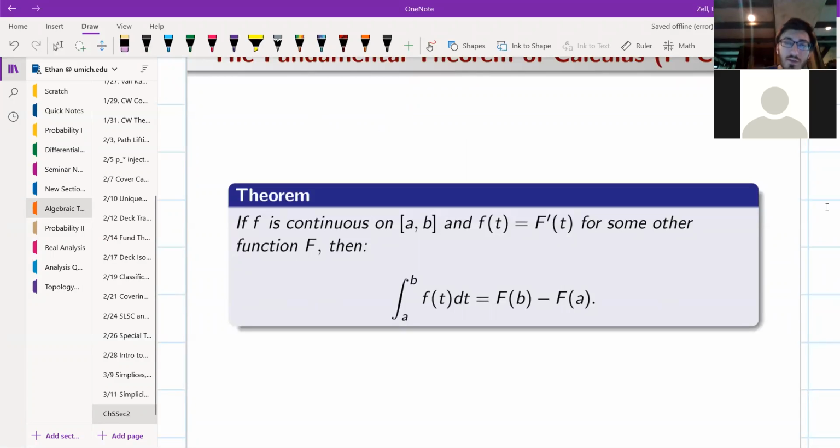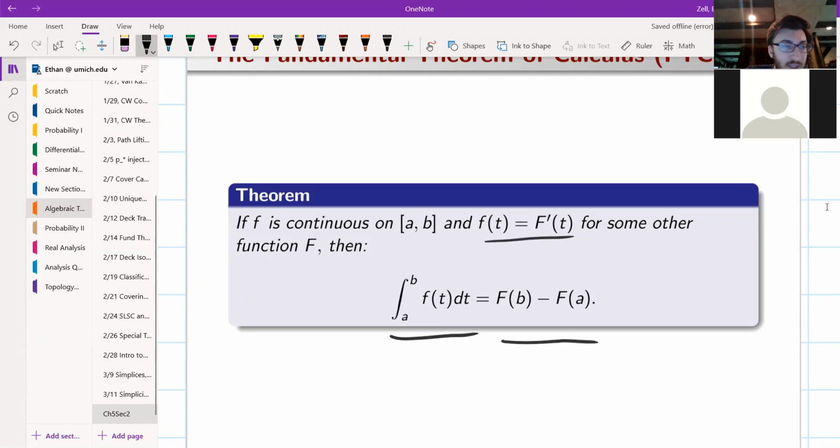Okay, so what does this theorem actually say? It says for some other function F, if this occurs, then our integral that we've built up is really nothing but just the difference of this other function evaluated at the endpoints a and b. So that should be kind of surprising if you haven't seen that before. And I remember being very surprised by this. I think the reason being is you have some relationship between these functions.